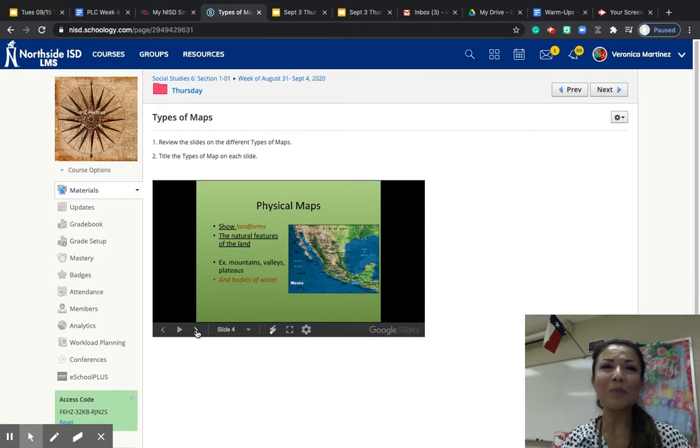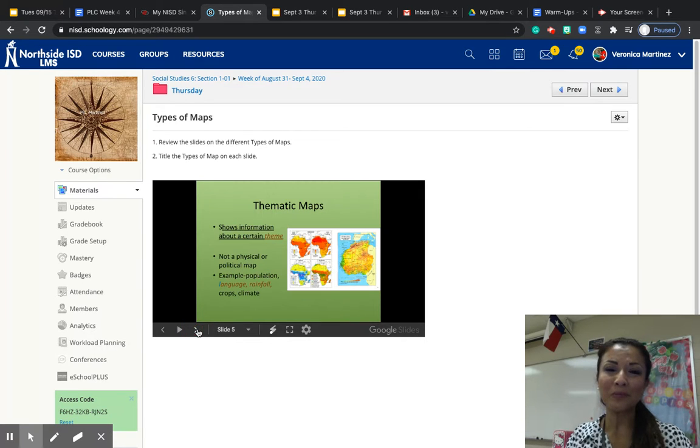It was born with mountains and peninsulas and deltas and tributaries and oceans and seas and lakes and rivers. Those are the body parts of the world, right? Of the earth. So that would be the physicality of the earth. So we call that a physical map. The physical map just shows us the natural features of the land, okay, what it was born with.